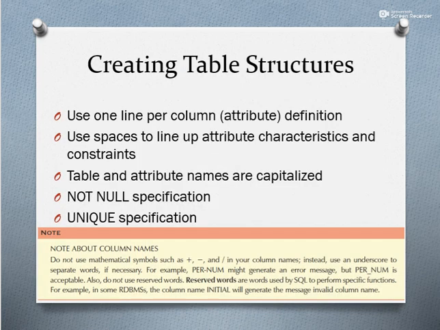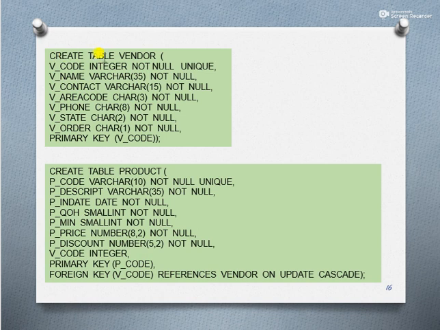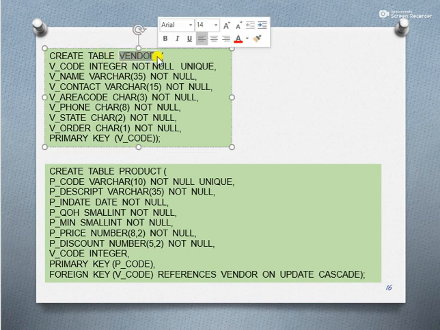Okay, in order to create a table structure, we use the CREATE TABLE command. Here is an example: CREATE TABLE and the name of the table. You can give any name to the table, but as we know, for naming specification we should give a name that is understandable, so if somebody sees your table later on, they come to know what entity this table stores data about.